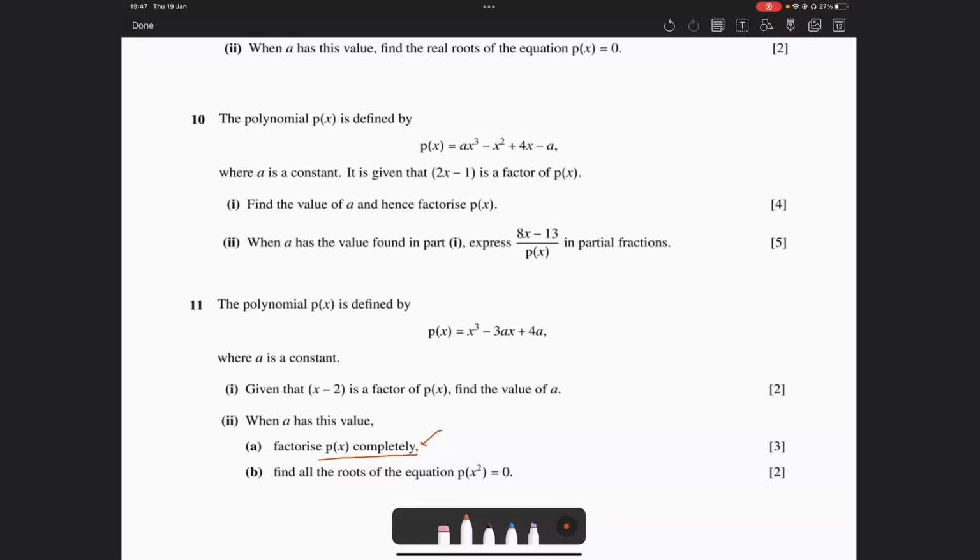But even if they do not give you any hint, you should always check if you can factorize the quadratic factor further. If you can, you should do that. If not, you can just leave it like that.